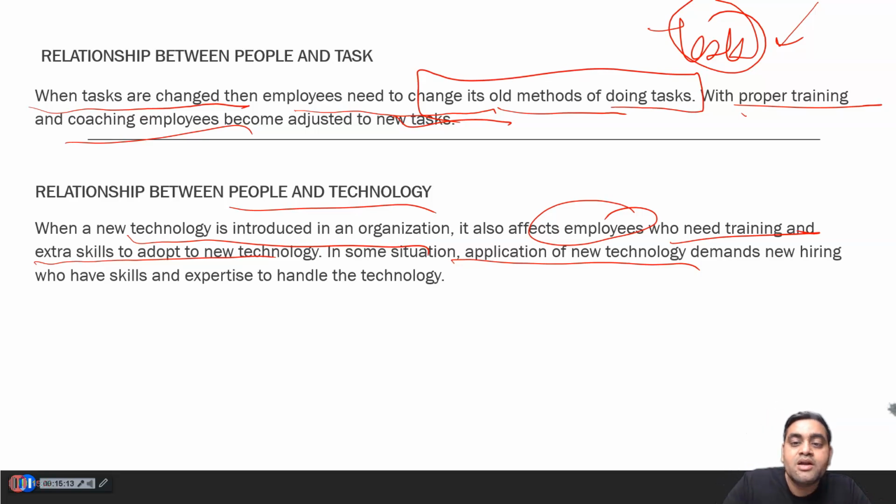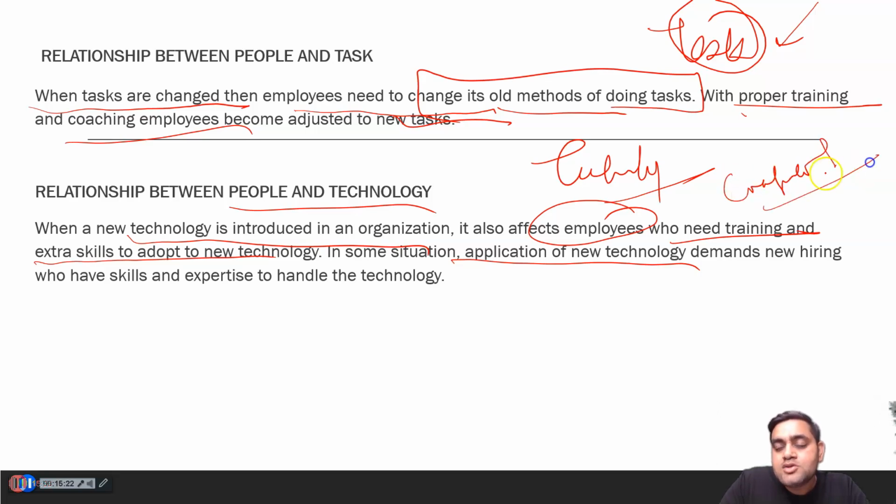So technological adaptation is very, very important. And I've given so many examples for this. Look at what happened when computers were introduced in organizations. So many people had to leave the organization because they did not know computers. But later on, what happened? There were so many people who got jobs also because they were learning computers. So technology definitely affects people.